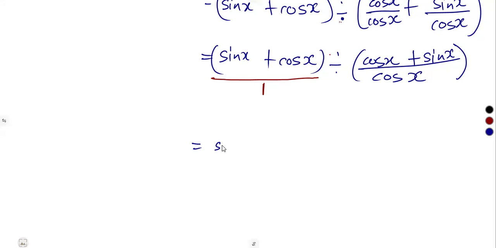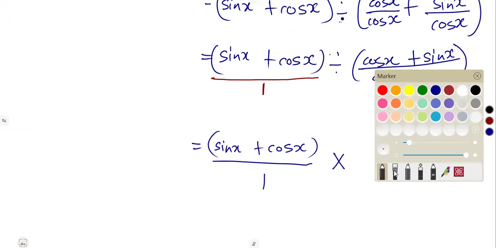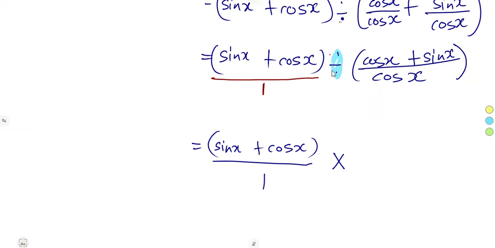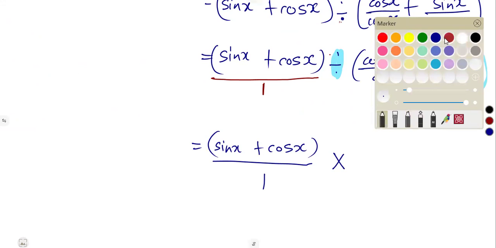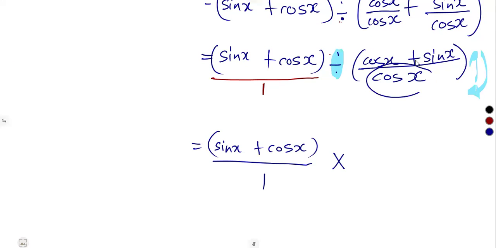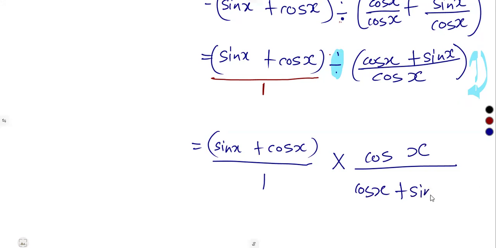But the moment we introduce multiplication, where the division was, we interchange the second fraction. It means we are going to have the cos of x in the numerator now, over the cos of x plus the sine of x in the denominator. This is what we have now.